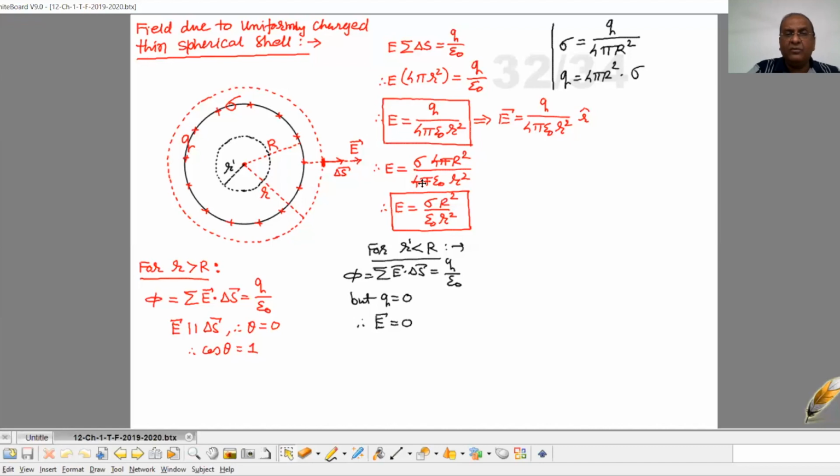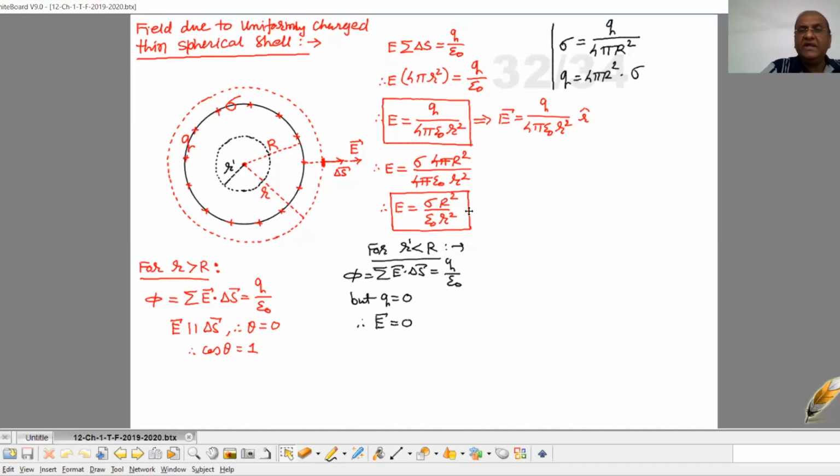So 4 pi cancels. So the electric field is sigma R square upon epsilon 0 small r square. So you can write the equation of the electric field in terms of the charge residing on the shell like this, and then the electric field in terms of the surface charge density of the spherical shell as this one. Clear to all of you?